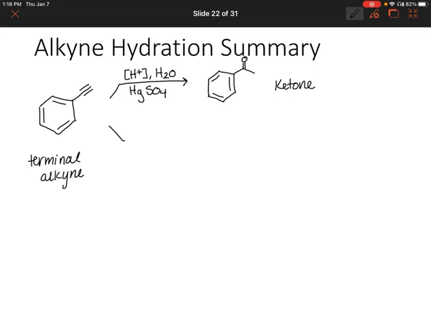And then if you use hydroboration oxidation, so let's use 9-BBN followed by hydrogen peroxide and sodium hydroxide, that's going to give you an aldehyde at the less substituted carbon.